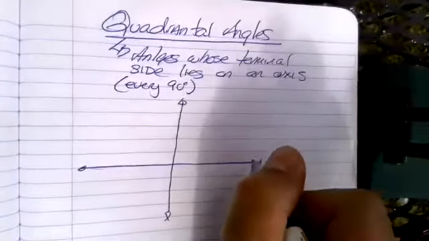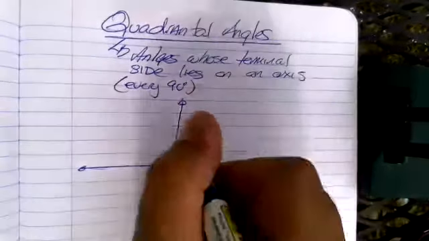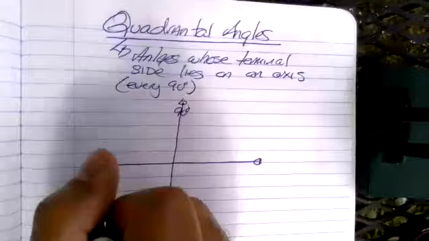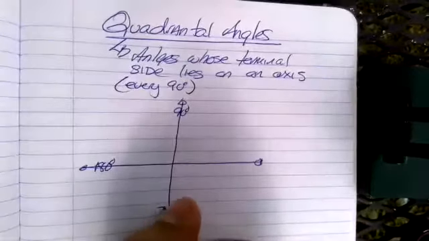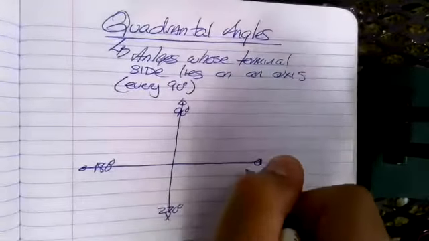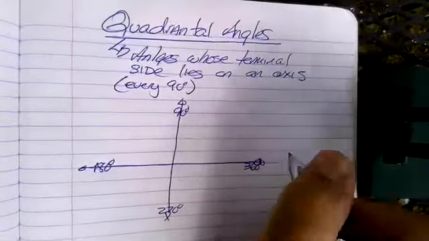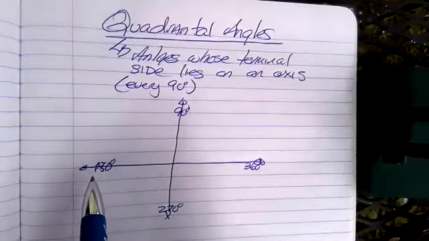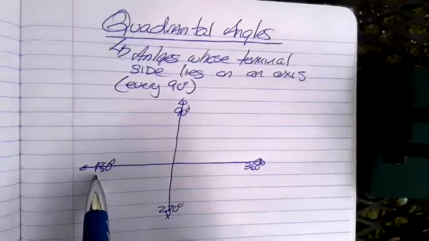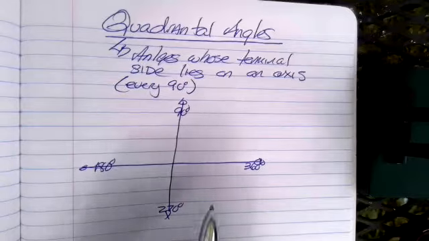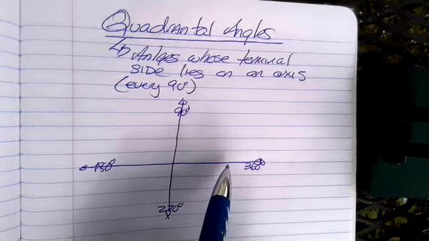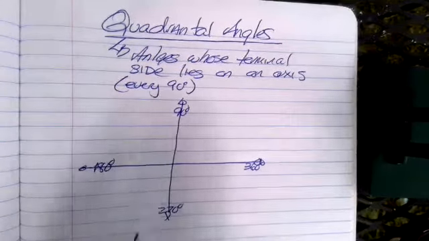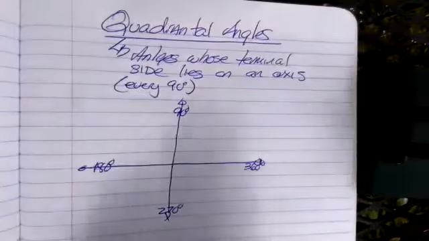They're angles like 0 and 90 and 180 and 270 and 360 and 450 and 540 and 630 and 720 and 810 and 900, every 90 degrees and backwards.